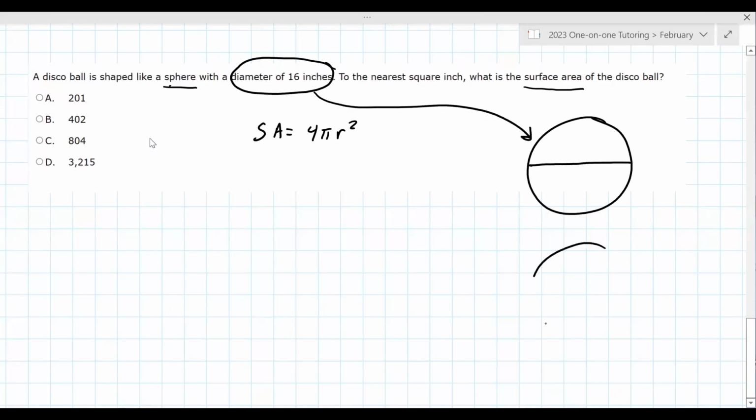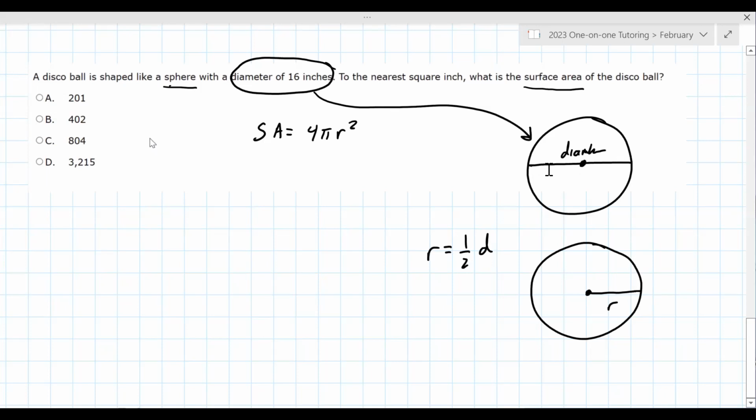You don't want that. You want the radius, the distance from the center out to the edge. This is the diameter all the way across. So the radius is 1/2 the diameter. Think of the diameter as going from the center out in both directions. So it's double.